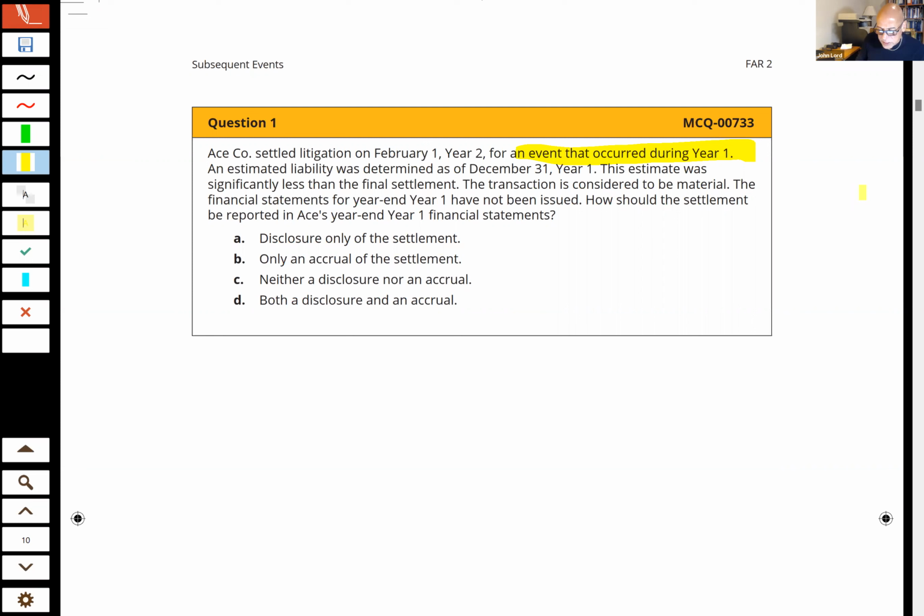This estimate was significantly less than the final settlement. So we had set up an estimate of the loss, but it was different than the final settlement. The transaction is considered to be material. Financial statements of the year have not been issued. How should the settlement be reported? It's going to be both disclosure and accrual.